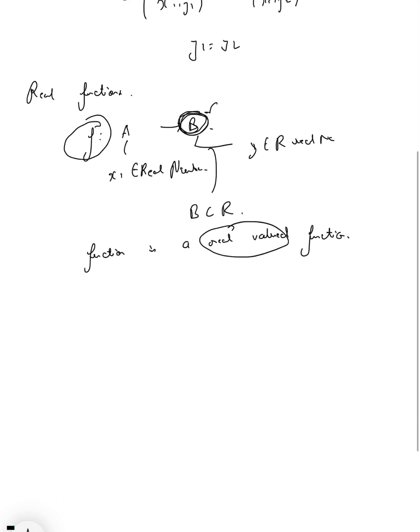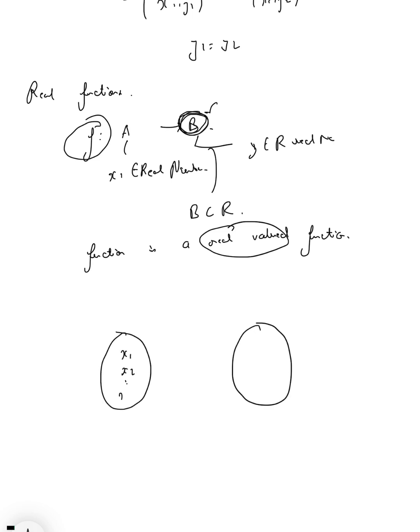So now we are moving further to what the domain and range are. As I have already told, if the function is going to map, for example, x1, x2, xn to y1, y2, yn, x1 to y1, then x2 to y2, and let us consider that these elements here are not being mapped. Function is nothing but mapping.